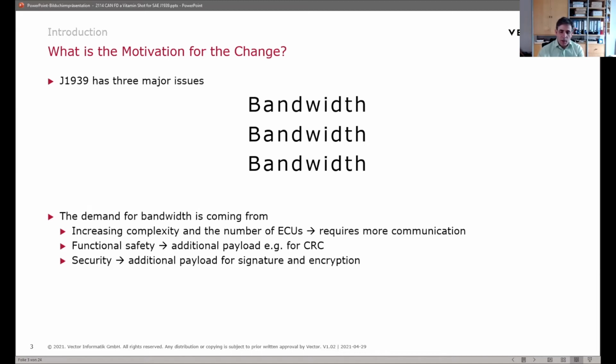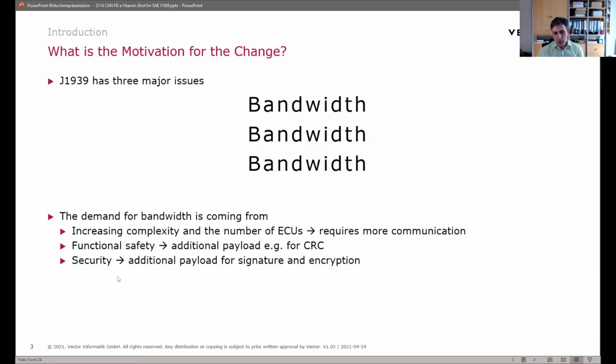It is really hard to fit all this in an 8-byte payload. There are several measures inside J1939 to overcome this, but at the end of the day, it is a significant increase of the bandwidth. And bandwidth is a tight resource, and therefore functional safety is really a driver for this change.